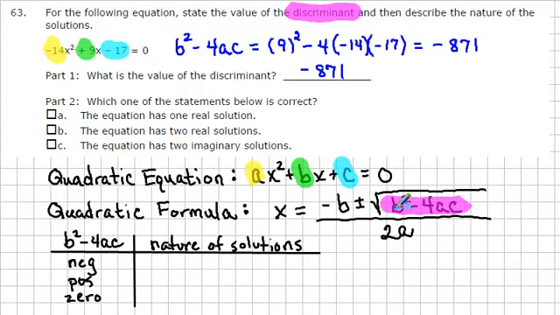So there wouldn't be any real solutions. However, the square root of a negative number is imaginary, and so we would end up having minus b plus an imaginary number and minus b minus the same imaginary number. The result would be two imaginary solutions. So when the discriminant is negative, the nature of the solutions is that there are two imaginary solutions.